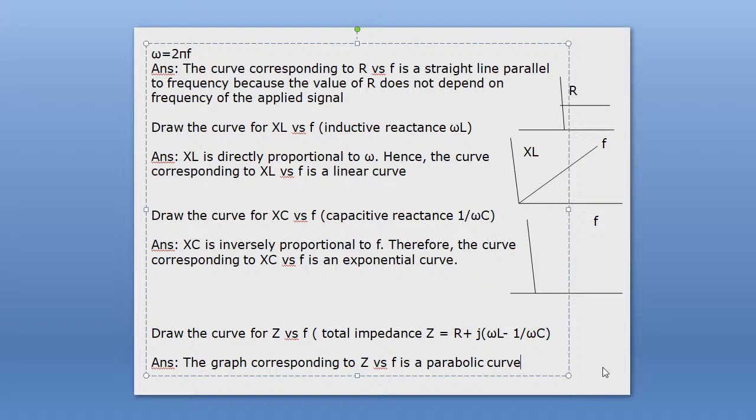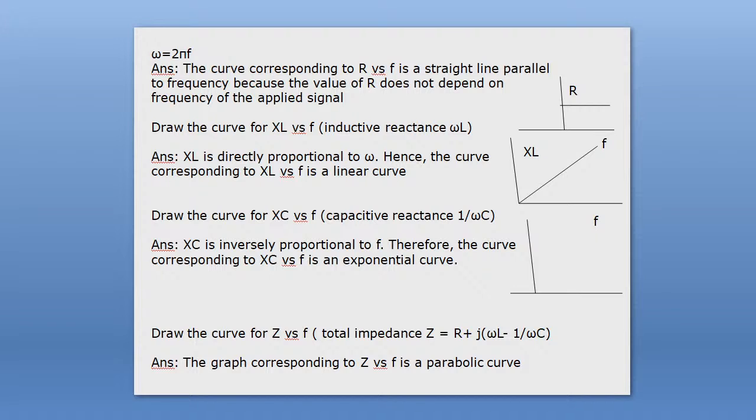Any doubt? Everyone, draw it yourself. Any doubt? XL is linear. Any student have any doubt regarding the variation of resistance versus frequency, inductive reactance versus frequency, capacitive reactance versus frequency, and total impedance of your circuit versus frequency?